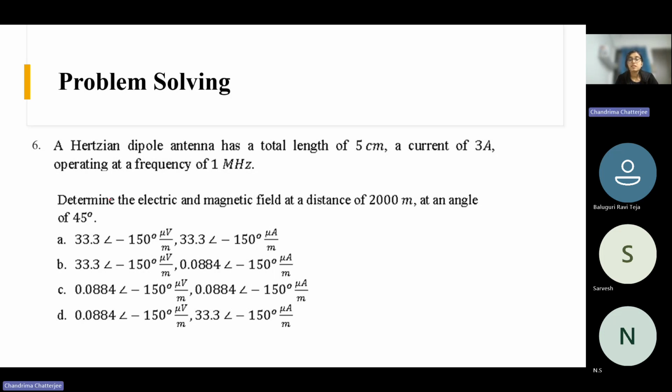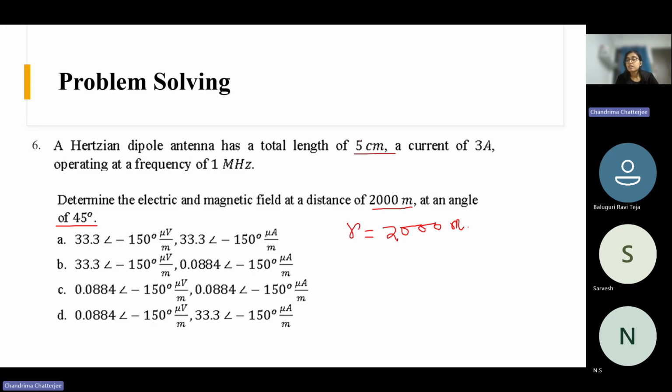Determine the electric and magnetic field at a distance of 2000 meter at an angle of 45 degree. The distance mentioned is 2000 meter, which means 2 kilometer. This is quite large. The antenna has a total length of 5 centimeter.